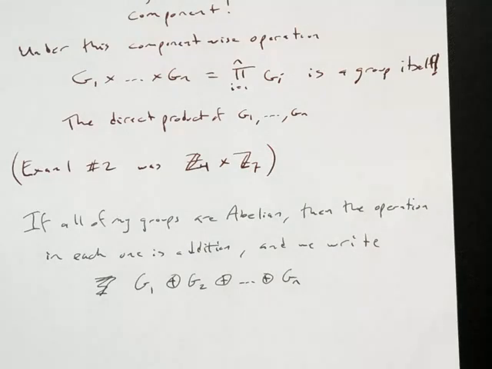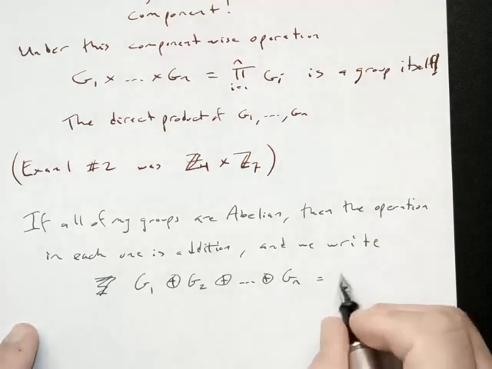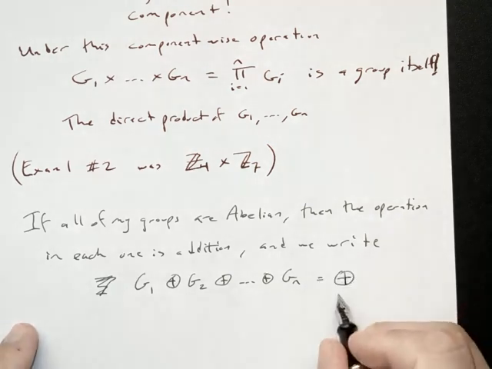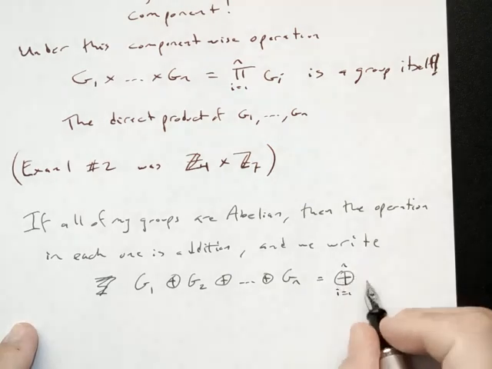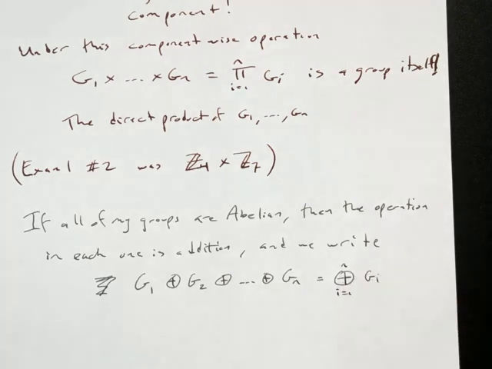That's not as common because the operation looks weird, that circled plus symbol. I see this notation in lots of other places, but I'm going to stick with times even when my groups are abelian, because I still think of this as a direct product, and that happens more generally.